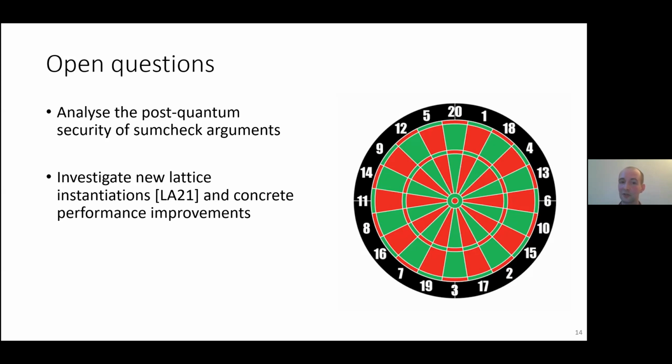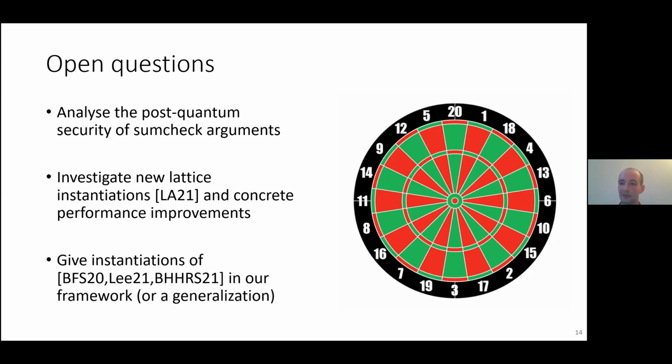Another thing we'd like to do is investigate new lattice instantiations from these concurrent works and see how they could lead to different concrete performance improvements for protocols. And using these sumcheck arguments, we were able to capture almost all of the split and fold techniques from different parts of the literature, but still not quite all of them.